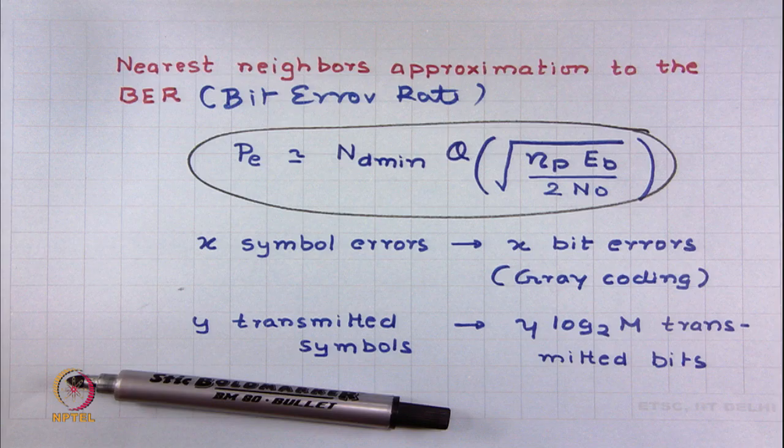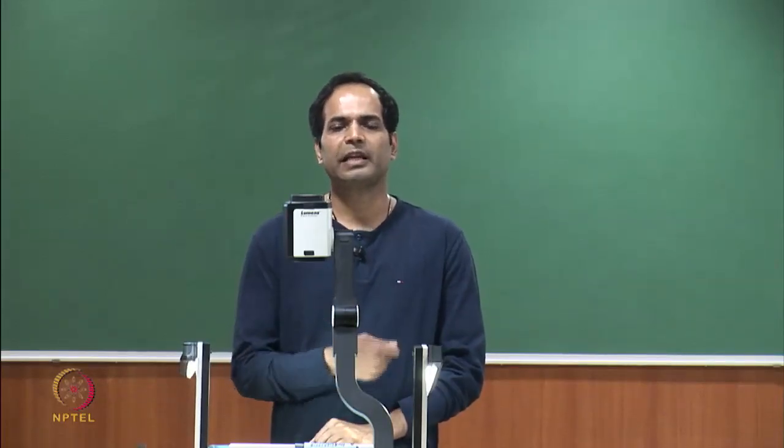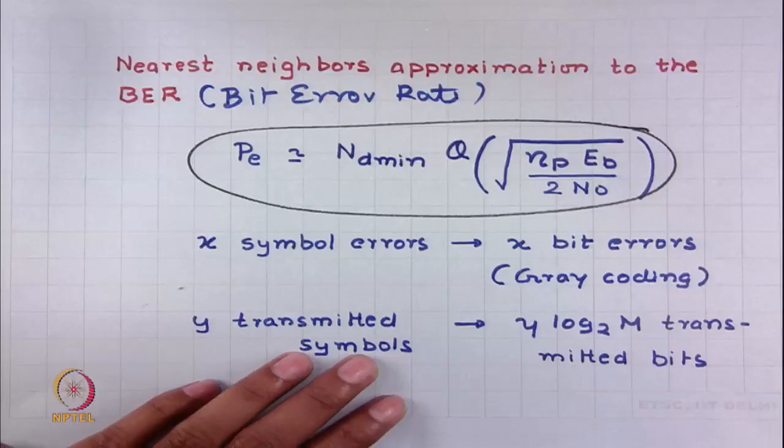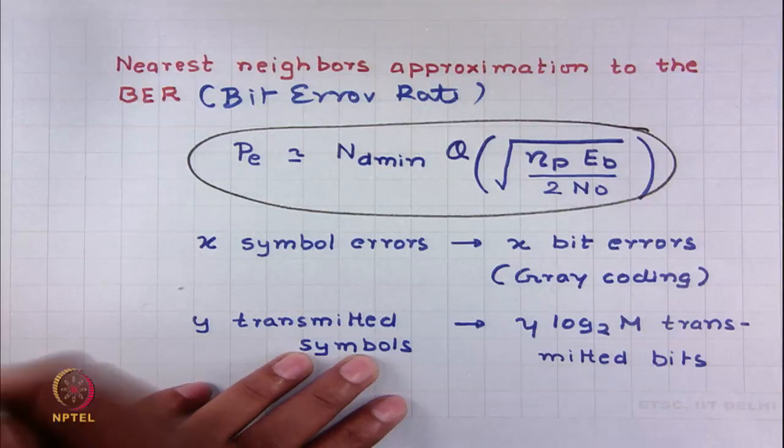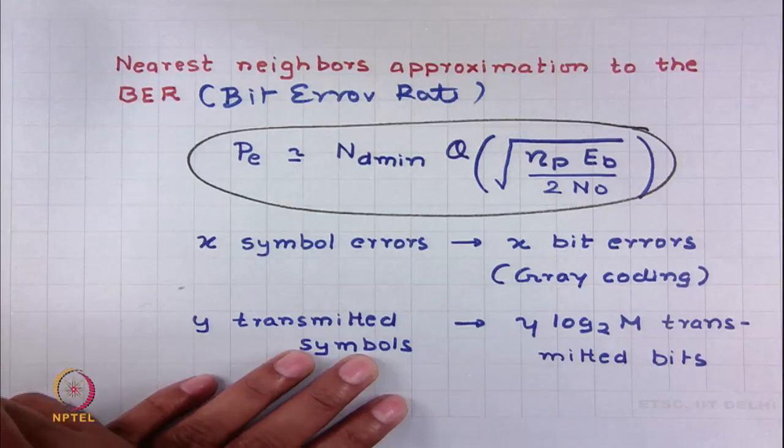Symbol is most likely getting confused by its neighbors. Okay. So, symbol error happens when the symbol slips to one of its neighbors' decision region. So, bit errors will also happen when a symbol is slipping to its neighbors' decision regions, and if we are using the gray coding mechanism, that means whenever a symbol slips to its neighbors, 1 bit error happens.